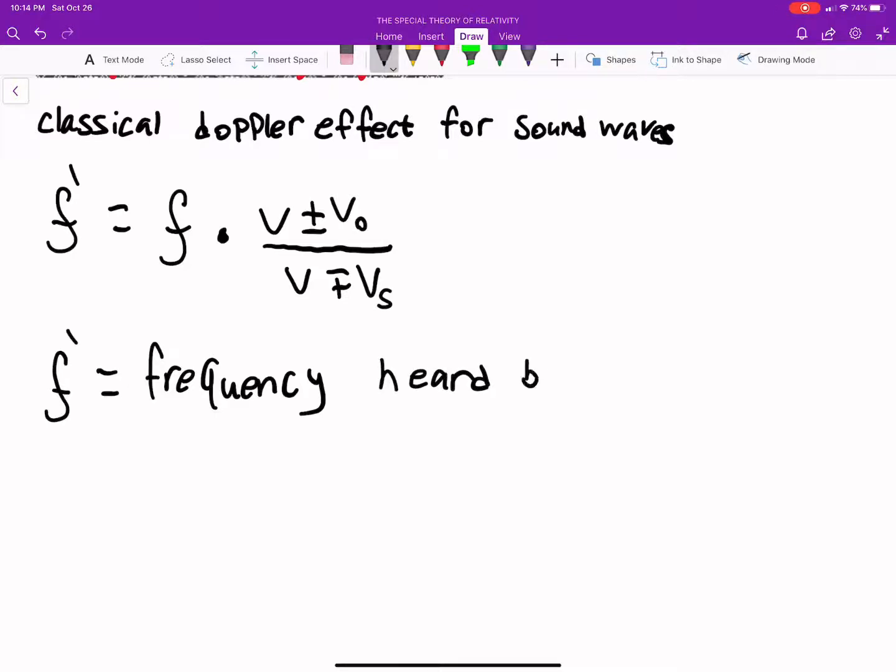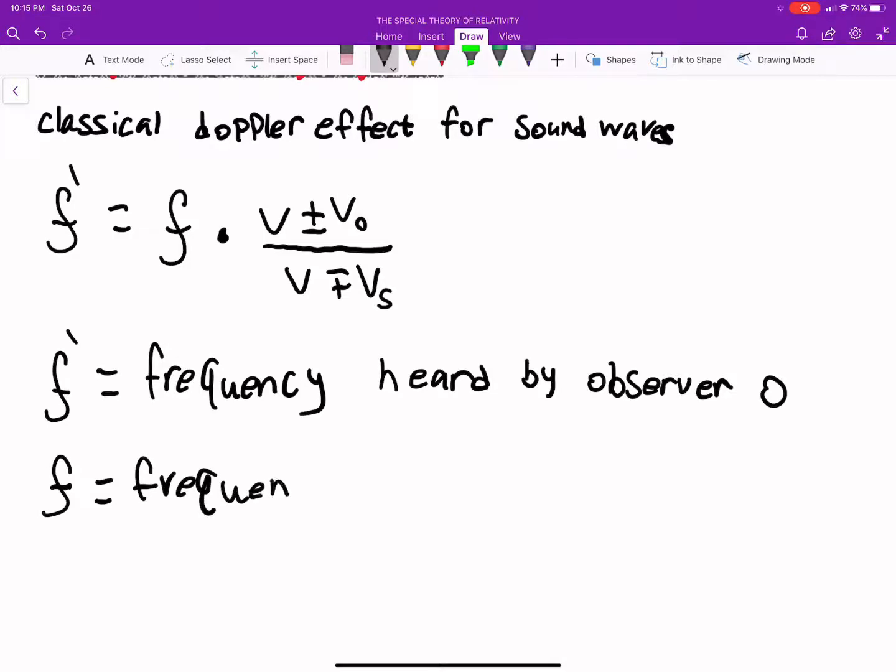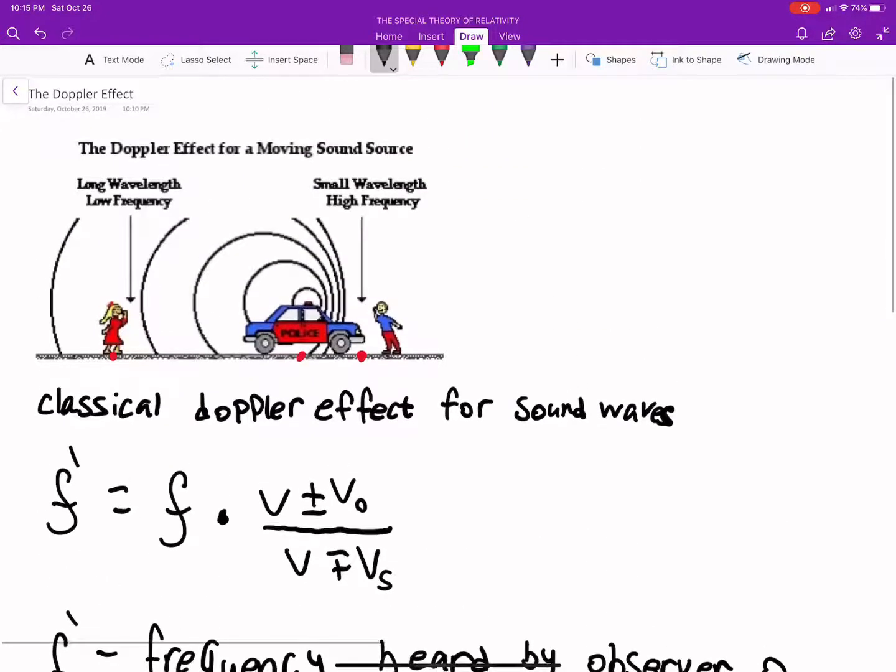F is the frequency by the source. So F prime might be this kid.